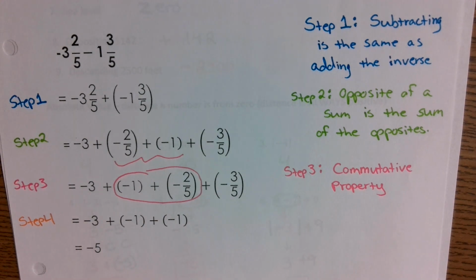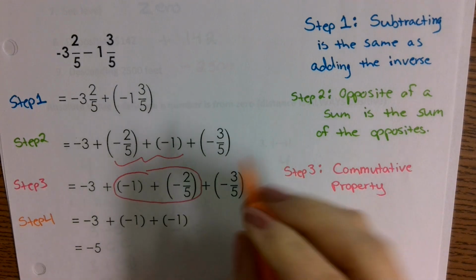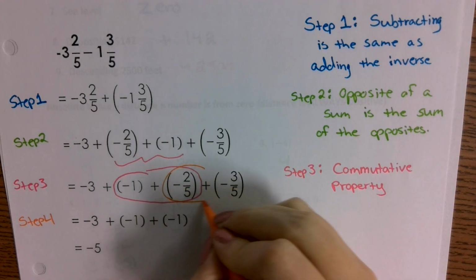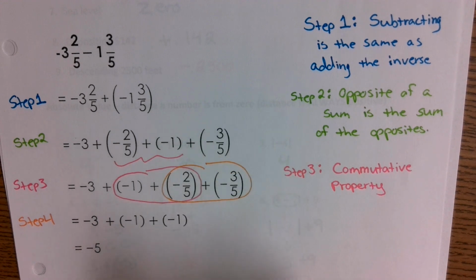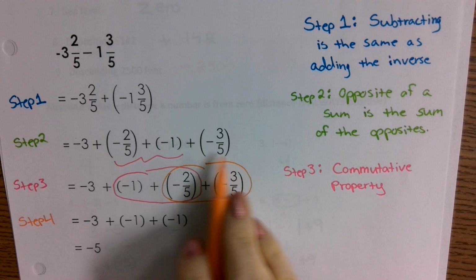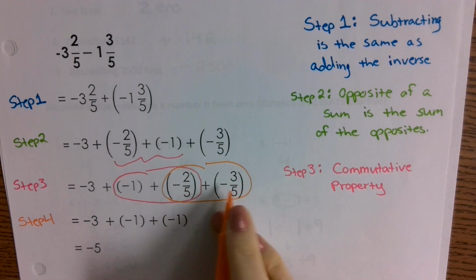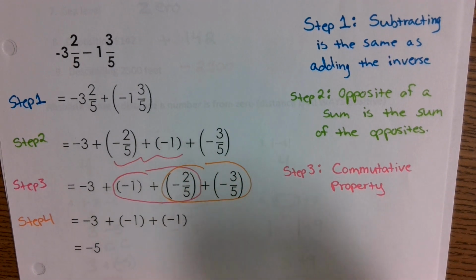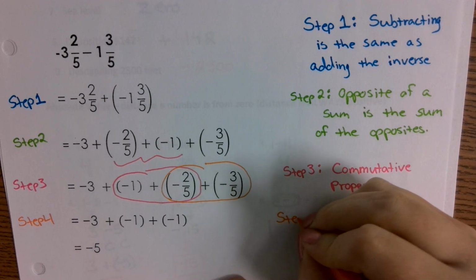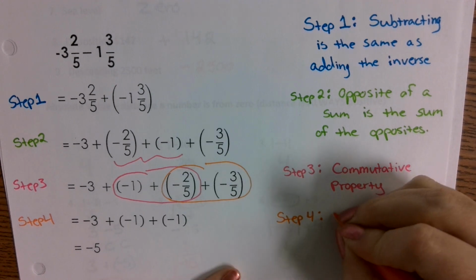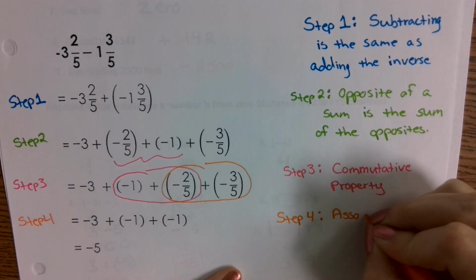So for step 4, now we're doing the associative property. What we have here that would have been in parentheses, we're going to go ahead and combine those together. Okay? We're changing what is in here to something different. We're combining these together. So step 4, that's the use of the associative property.